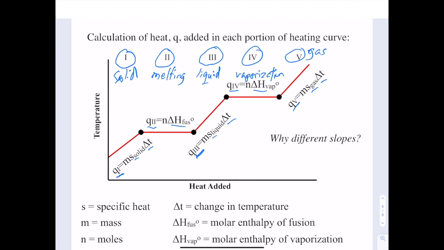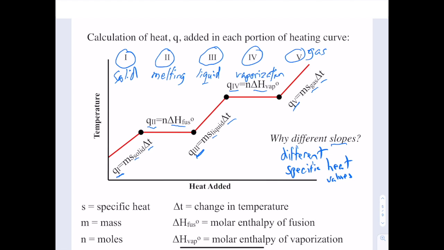You might see a subtle difference in the slopes of regions 1, 3, and 5, where the temperature is changing, and that's because we have different specific heat values. So the specific heat of the solid, liquid, and gas, those 3 specific heat values are not the same, and so the slopes will be slightly different.